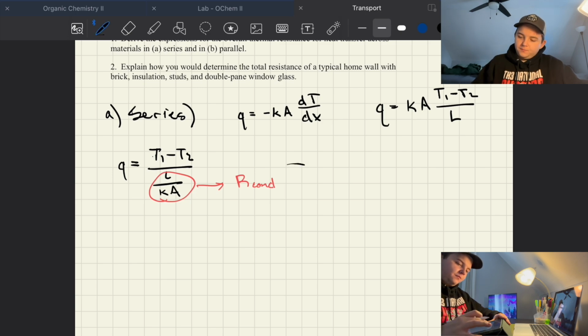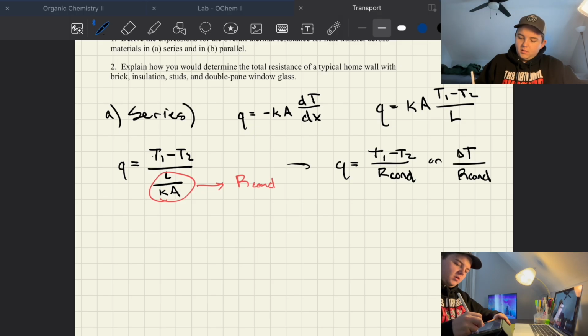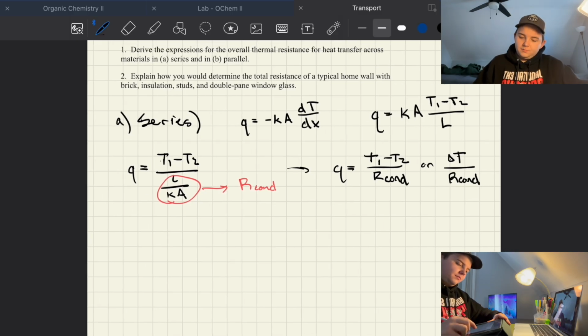And so we can just rewrite this again for the 4th time as T1 minus T2 over our conduction resistance, or we can do delta T over our conduction resistance. So cool.